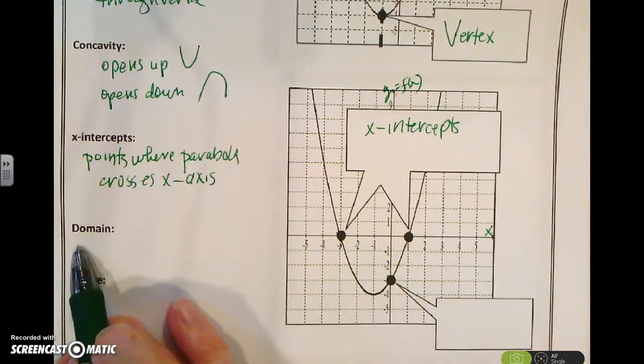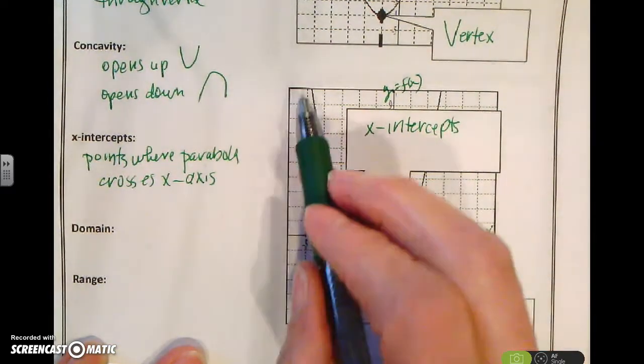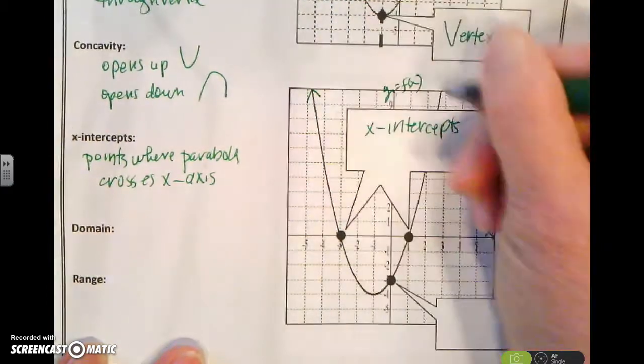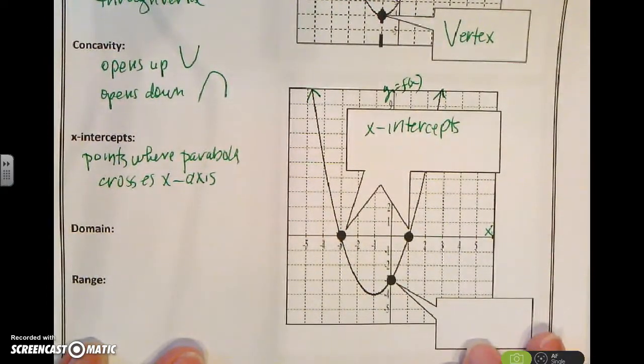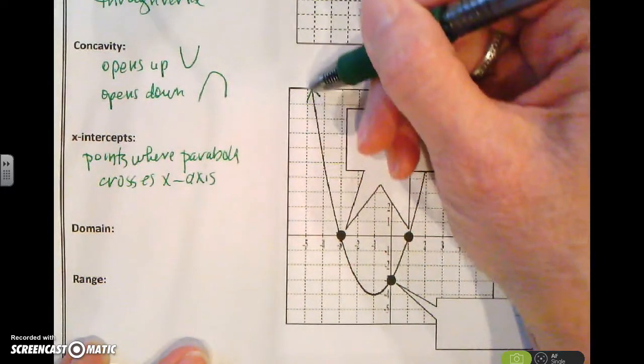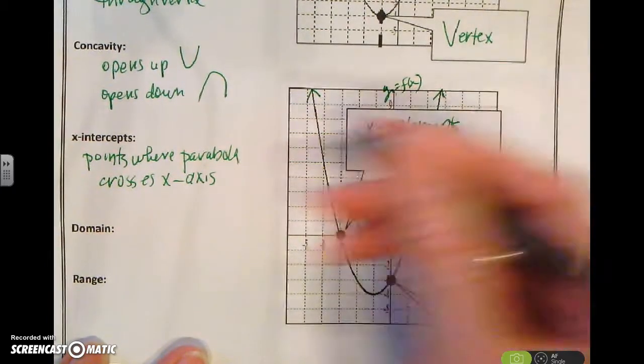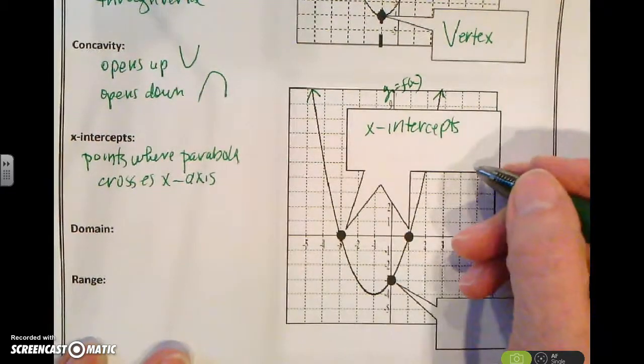Remember that when we talk about the domain, it's the x values that our function can take on. We don't have arrows here, but typically we'd have arrows. And we know that we can plug in x values continuing to the left and also continuing to the right. So the domain on this is going to be all real numbers.